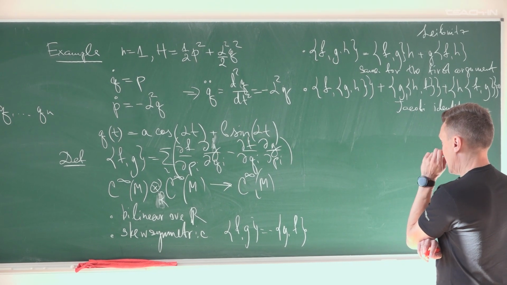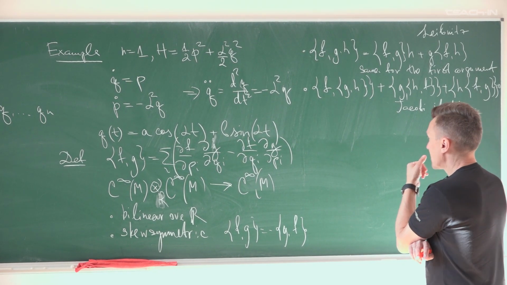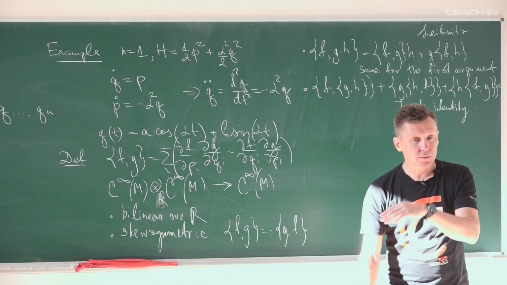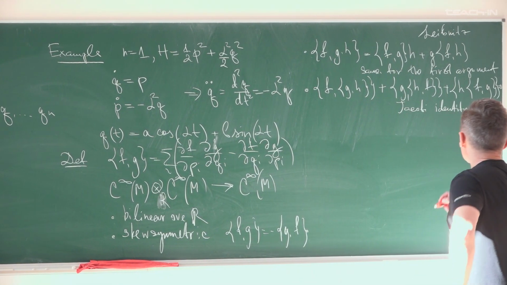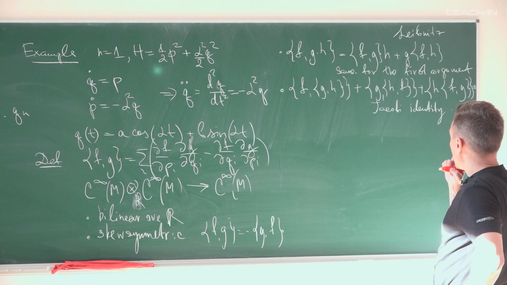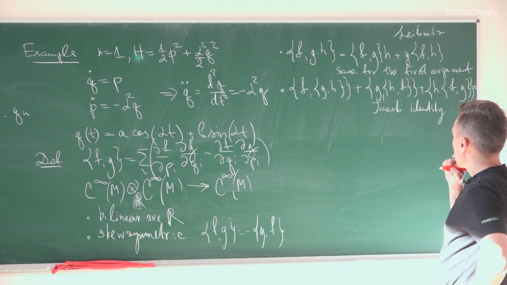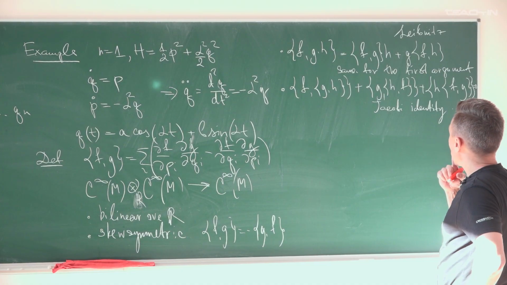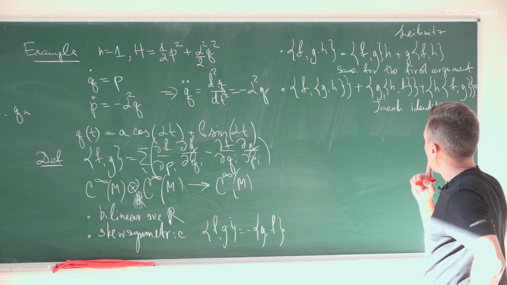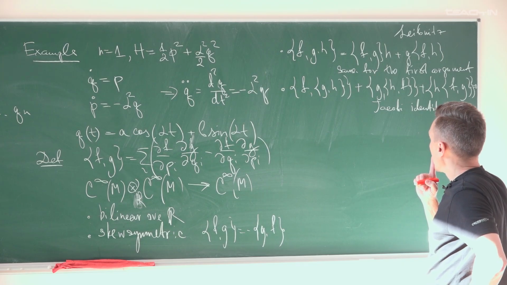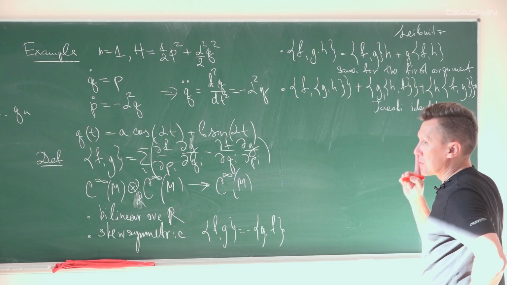And how to demonstrate the Jacobi identity, please. The simplest way to see that it is true is on linear functions.